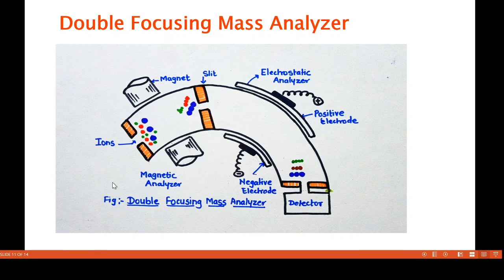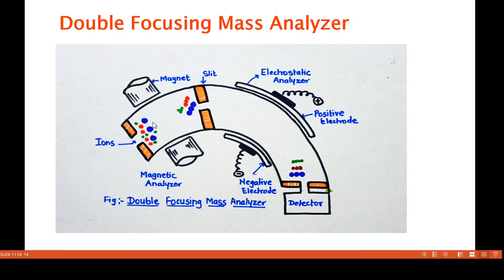Ions are produced in the ionization chamber, then they are accelerated in the accelerating chamber, and after that these positive ions are transferred into this magnetic analyzer through this slit.